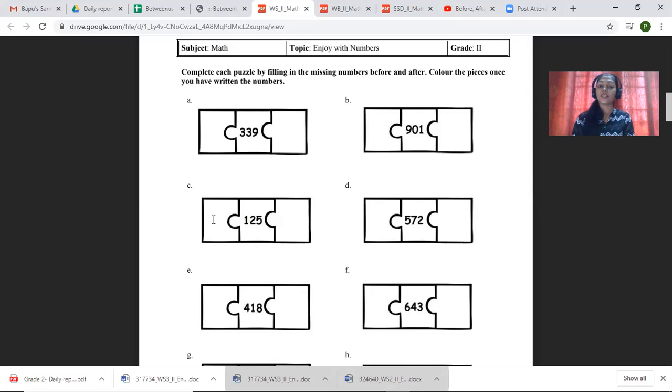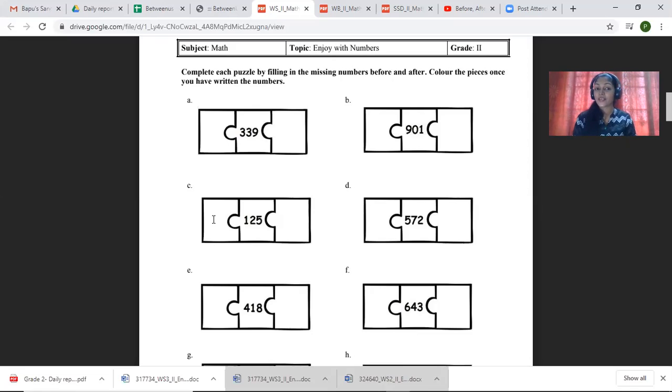Let's go to the next one. That is 572. Whenever we are going backward, we will do backward counting. But if you notice, the ones place keeps changing until you get 0. Now we have 572. What comes before 572?